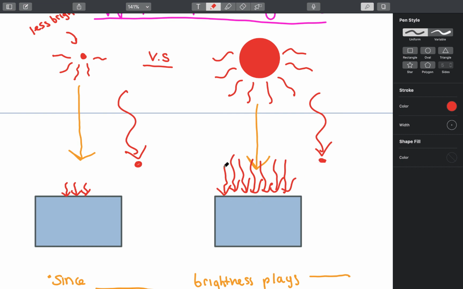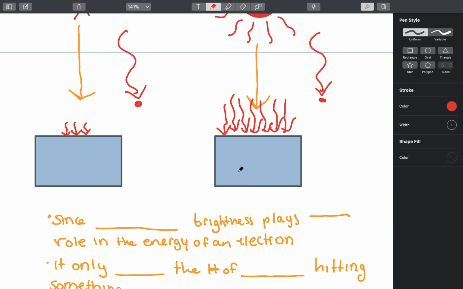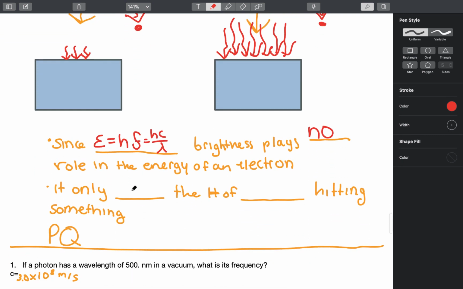It only affects the amount of photons hitting the object per unit time. So brightness is only defined as the amount of photons hitting an object per unit time. Since E is equal to hf, which is equal to hc over lambda, brightness plays no role in the energy of an electron.